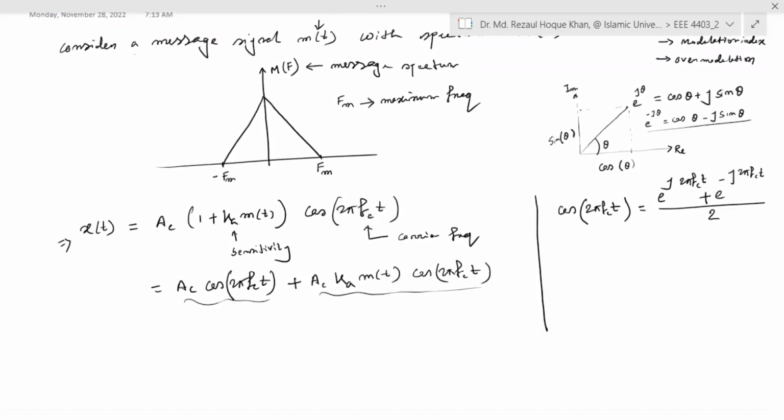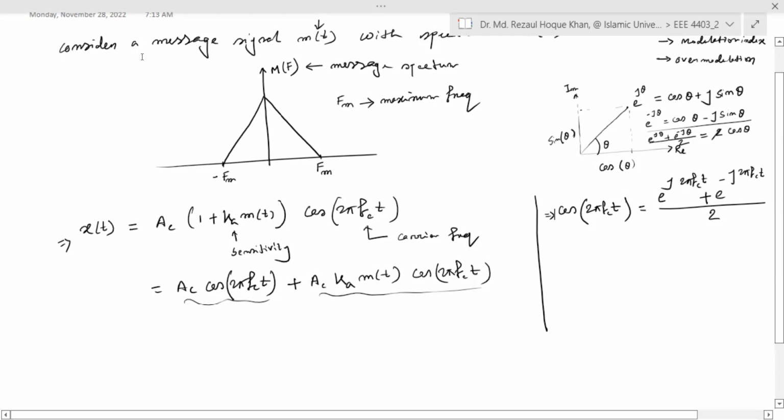If we add these, e to the power j theta plus e to the power minus j theta equals 2 cos theta. So cos theta will be this divided by 2. This 2 comes here. This is how we express cos theta in its complex exponential form.